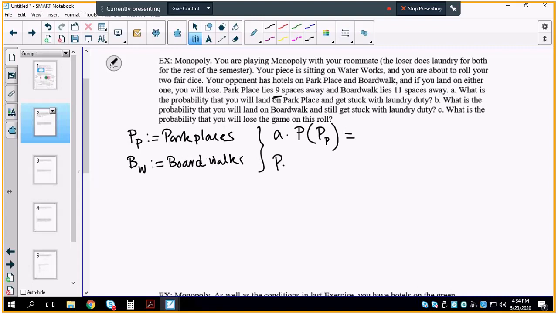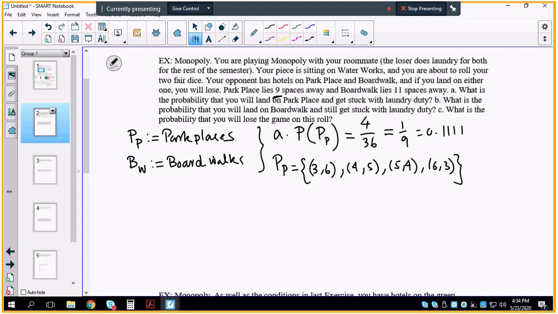You can get 3 and 6 giving you a 9, 4 and 5 giving you a 9, 5 and 4 giving you a 9, and 6 and 3 giving you a 9. And I believe these are all. So there are only 4 of them. So it's 4 over 36. So that's the probability. Or you can say 1 over 9, whichever way you want to write it. 1 over 9, which is 0.1111, rounded to 4 decimal places.